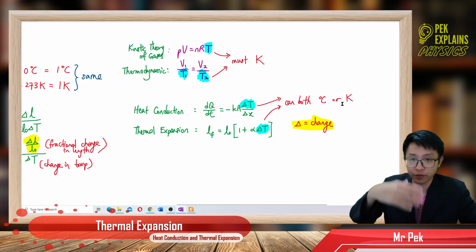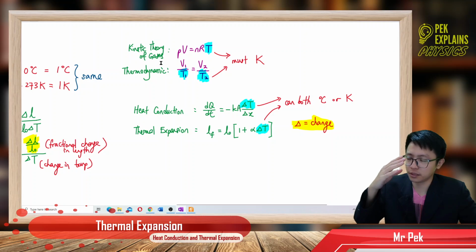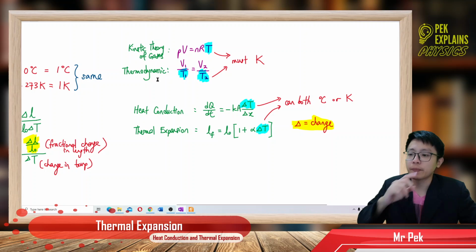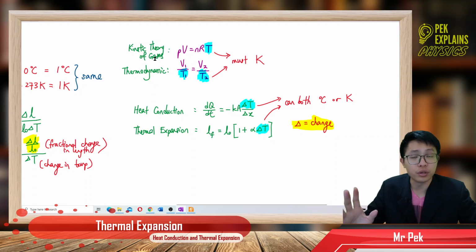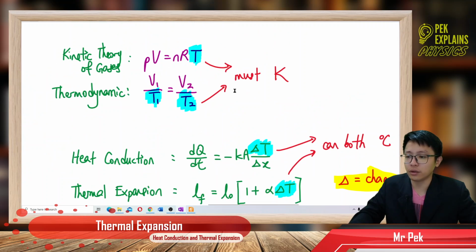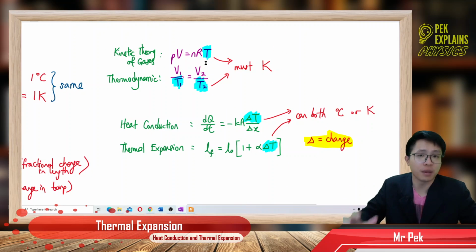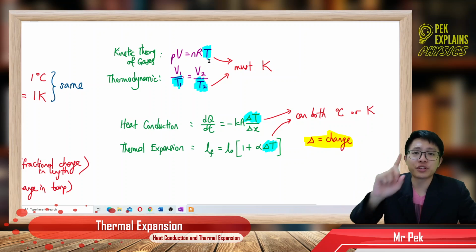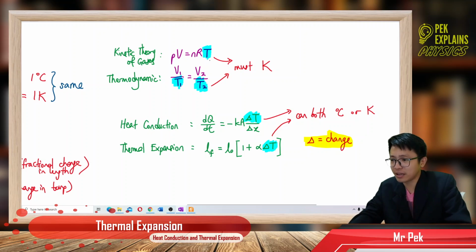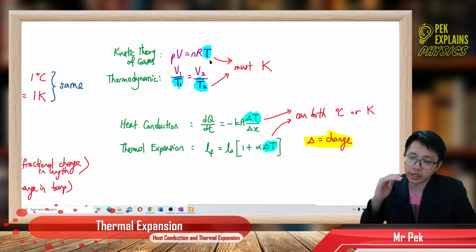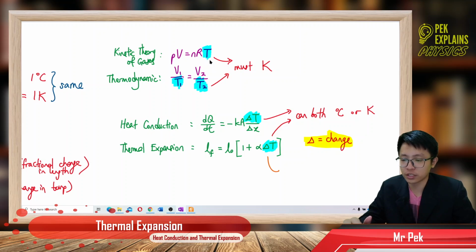But later on, in chapter 13 and chapter 14, we are going to learn about the kinetic theory of gases and thermodynamics. In these two chapters, you are not talking about change of temperature. You are talking about temperature at one point. Now, heat conduction and thermal expansion involve change of temperature, so two temperatures: an initial and a final temperature.